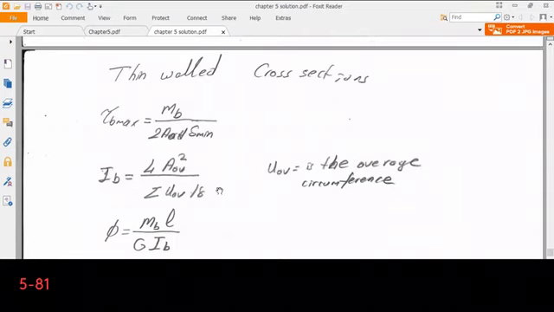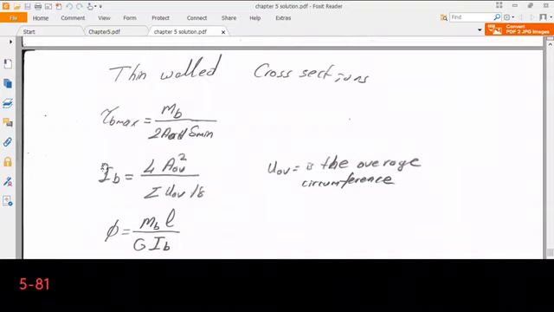The maximum shear stress on a thin-walled structure can be calculated as the torque applied, MB, divided by 2 multiplied by the average area multiplied by the minimum thickness of the member.